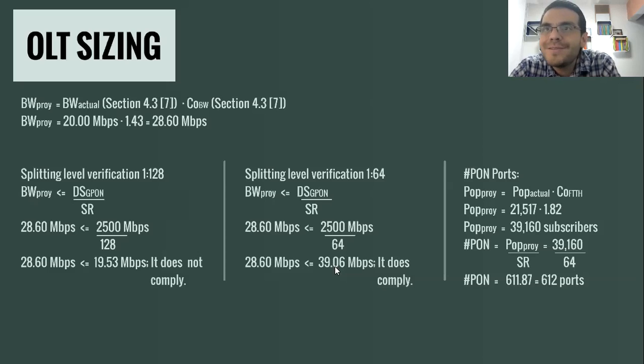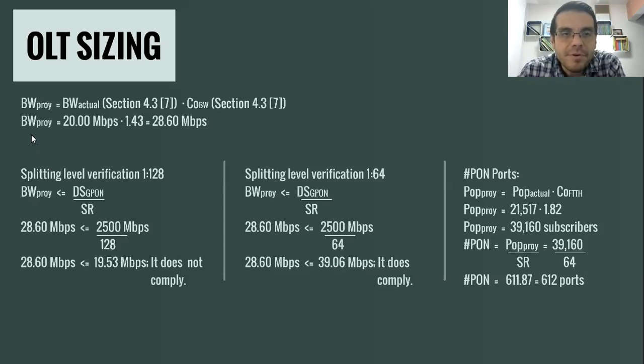This is the process where most ISPs, in the absence of quality of service criteria, choose to provide service to more subscribers with a single port without paying attention to bandwidth and subscriber growth. Now, as you can see, we're going to calculate the splitting level verification. So let's start.